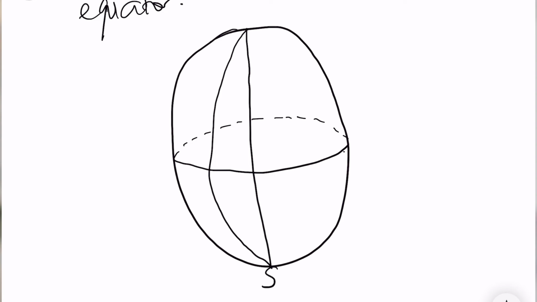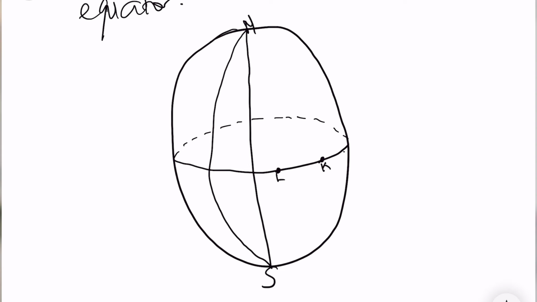We have our south pole, we have our north pole. Now, we can represent Libreville as L, and K here is our Kampala. Pick 2 points here.